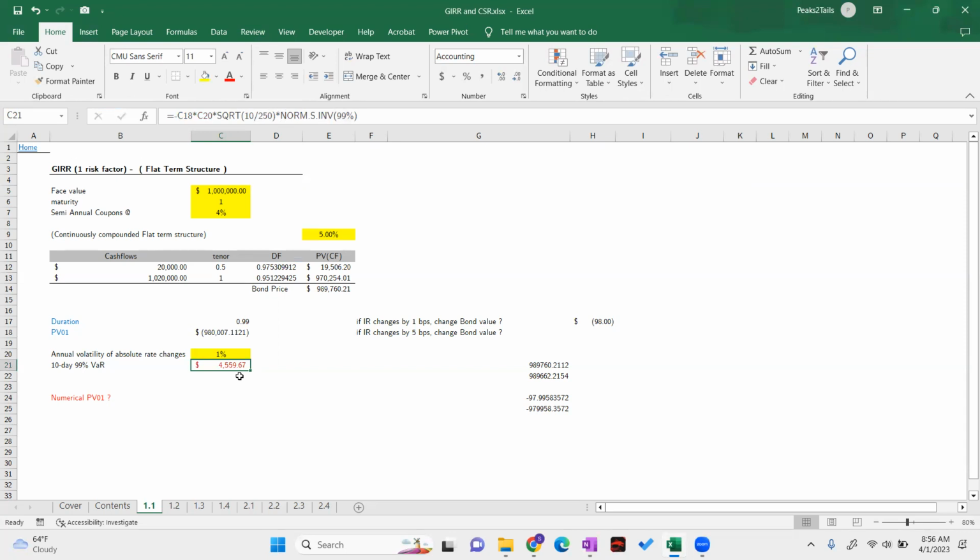That gives me a $4,559 loss. For 10 days, this is my worst case loss, so I need to keep this much buffer.